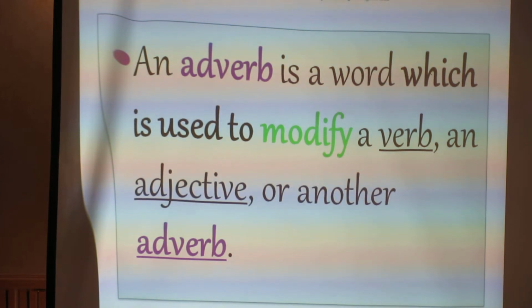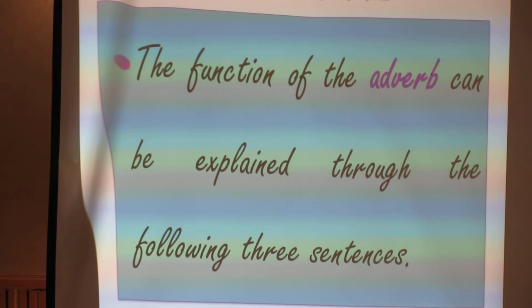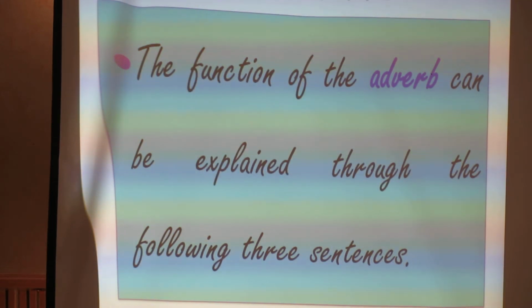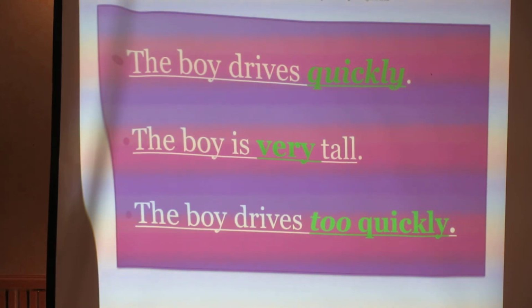How is that? Look at these sentences. The function of the adverb can be explained from the following three sentences. The boy drives. Complete sentence. The boy, the man, drives. We know the meaning of drives. The verb is drives. But what about quickly?